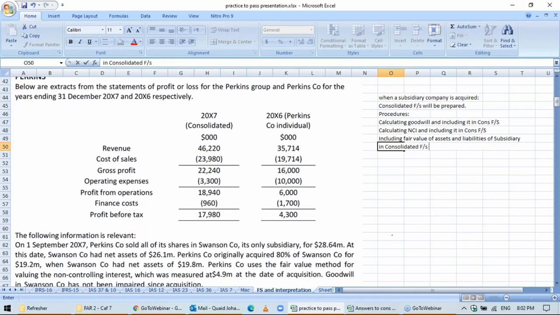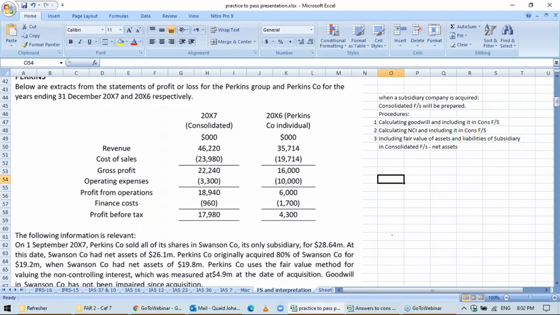Do you agree to this? And these are known as net assets. So mainly these three items are included in the consolidated financial statements. So we include three items in the parent's financial statements: goodwill, NCI, and the net assets of the subsidiary.